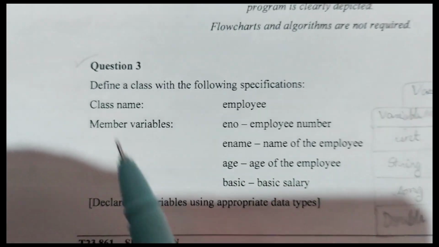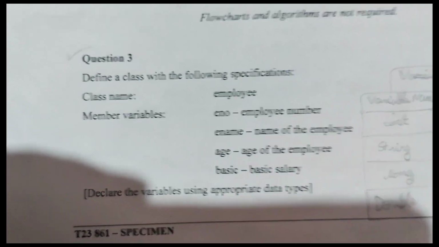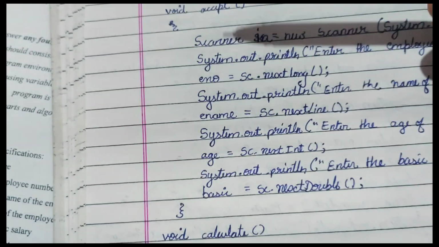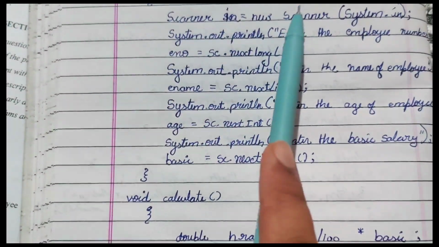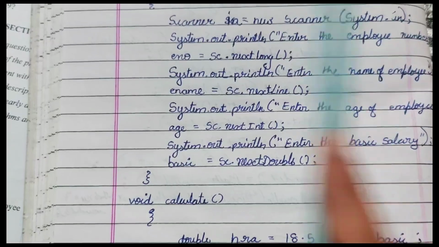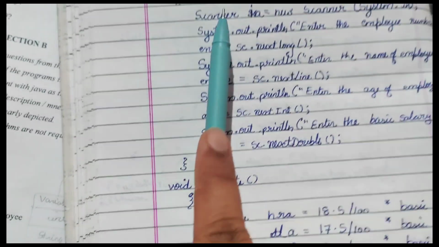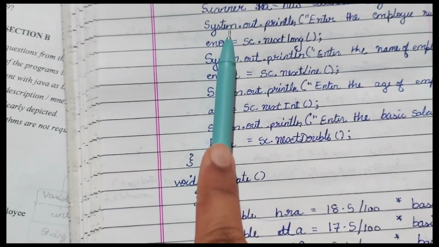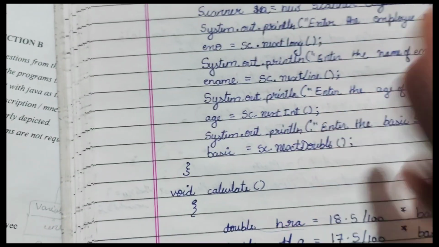So here all these variables we have to initialize. In void accept, as I have told you before, Scanner in = new Scanner(System.in) is the syntax. Then always be sure to mention System.out.println.